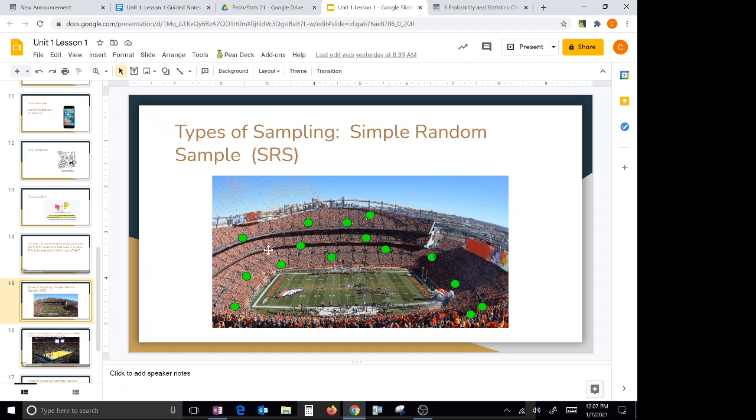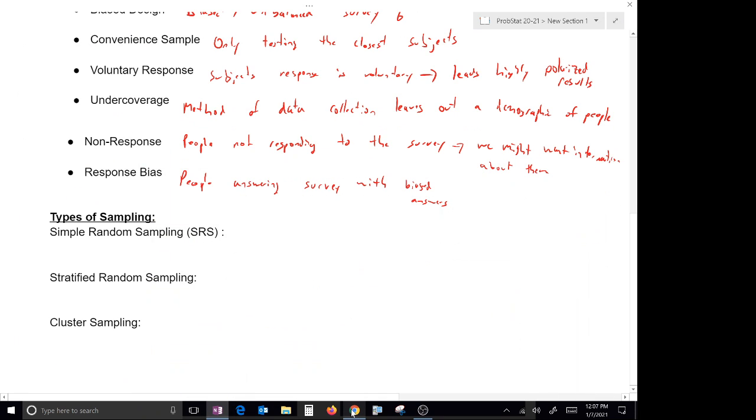So we'd get random people all over the place. Purely random collection, like picking numbers from a hat. Purely random selection.